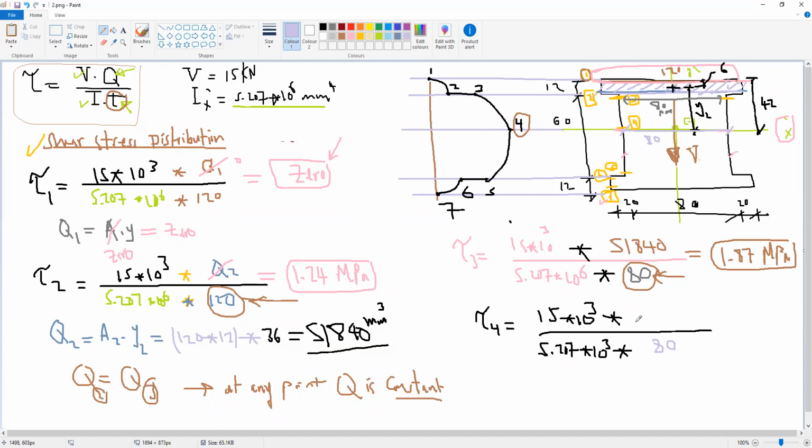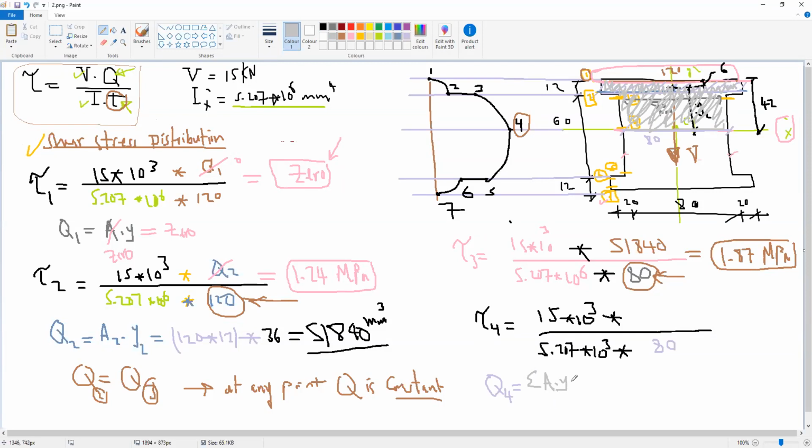And what is Q at 4? Q at 4 will be the moment of area of this whole part. This whole part will be Q4. So Q4 will be the summation of area multiplied by Y above section 4.